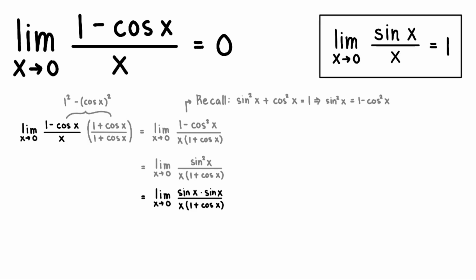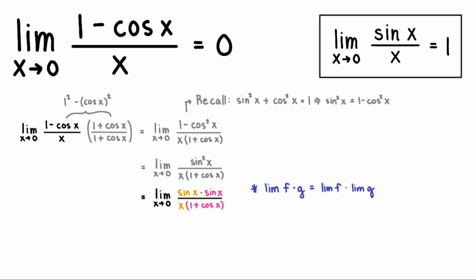So why did we do that? Well, take note that if we group certain terms, so we'll have sine x and x out here, and then sine x over 1 plus cosine x out here, we know that by a property of limits, if we have the limit of two functions, f times g, we can express this as the limit of f times the limit of g.